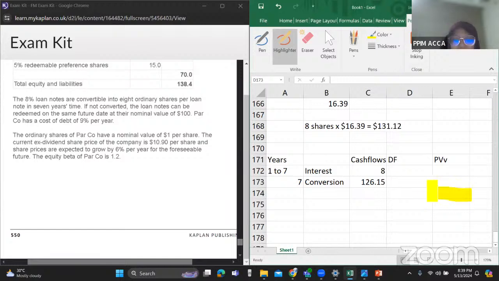In case they wanted you to calculate cost of debt, then your cost of debt will be actually here. You will have to work backwards. But in this question, they are giving you the cost of debt. They're telling you that it is 9% per year. So the cost of debt is only used as the discount factor percentage. So at 9% cost of debt, don't get confused there.